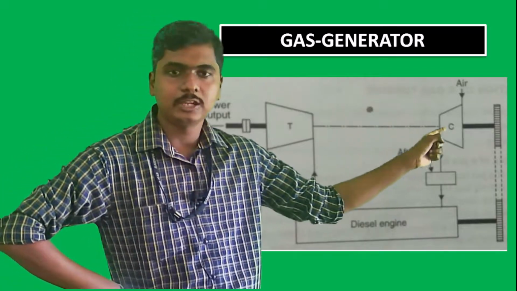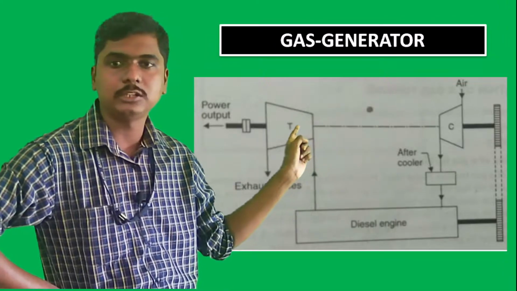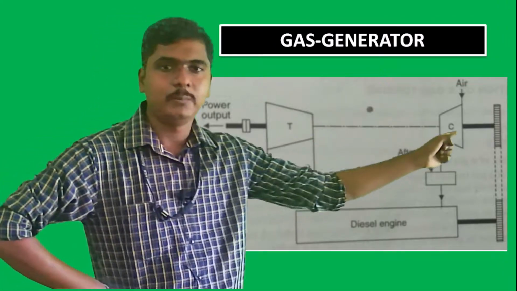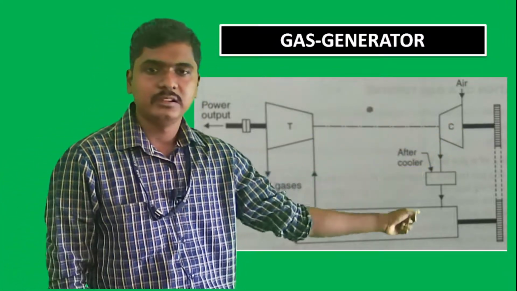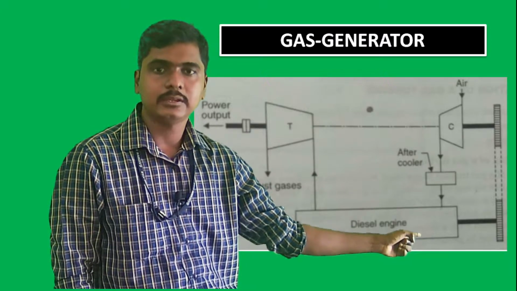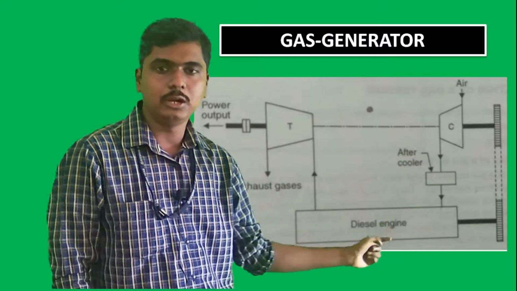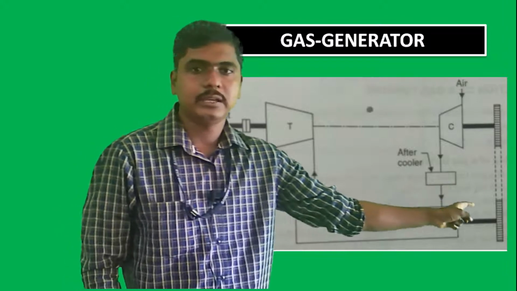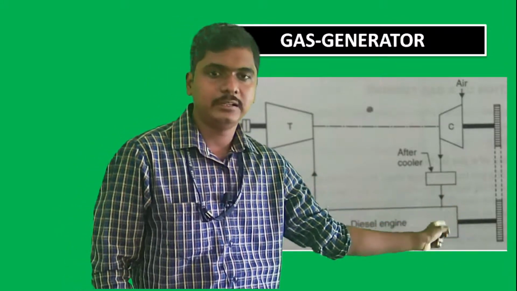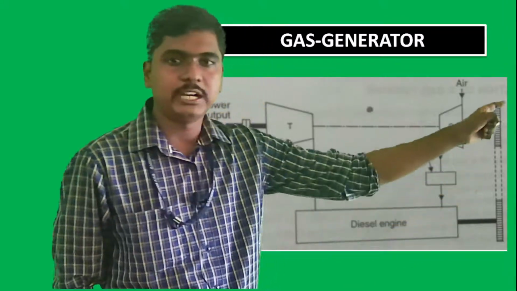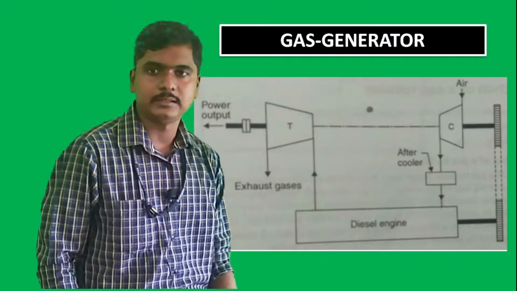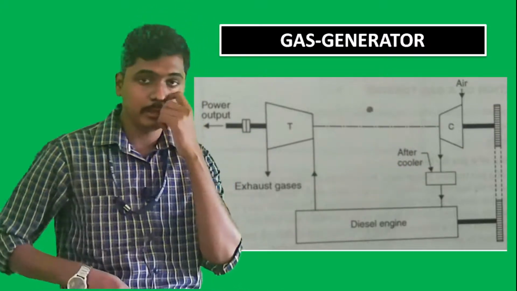Here the compressor is not connected with the turbine; rather, it is connected with the diesel engine itself. Whenever you run the engine, this gear will rotate and in turn rotate the compressor. The remaining process is exactly the same.